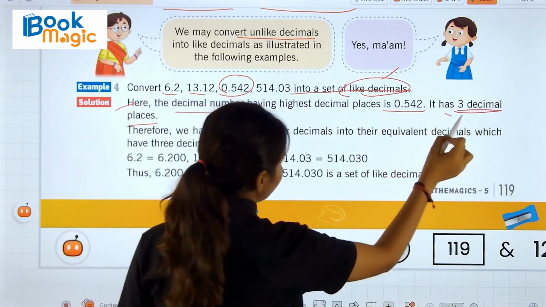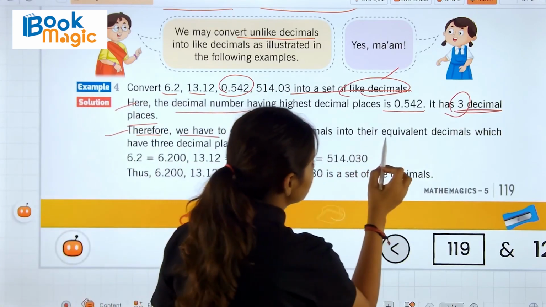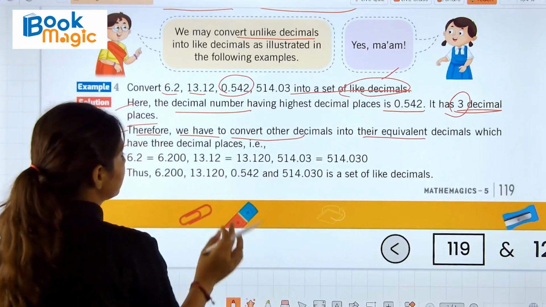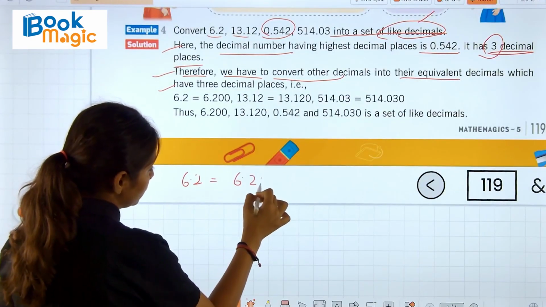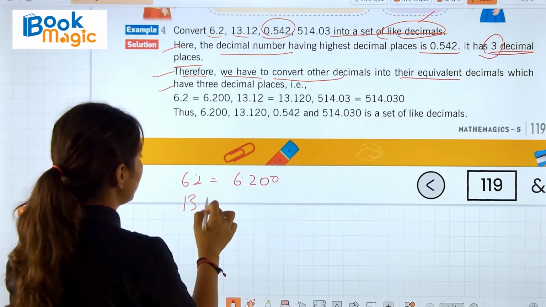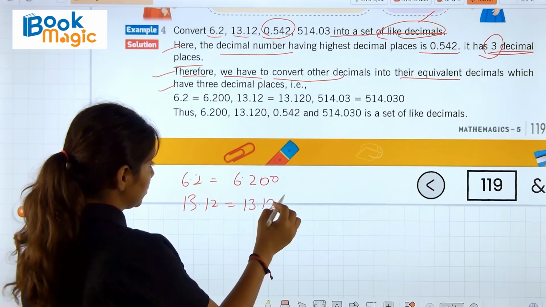Therefore we have to convert the other decimals into their equivalent decimals which have 3 decimal places. That is, 6.2 can be written as 6.200, 2 times 0. Now 13.12 equals 13.120.